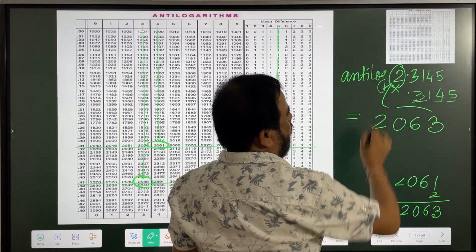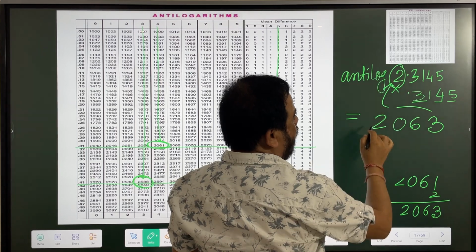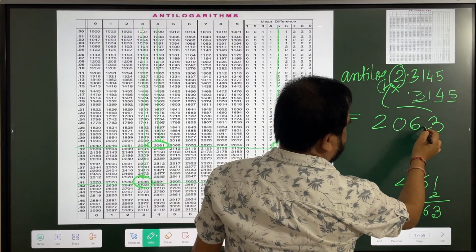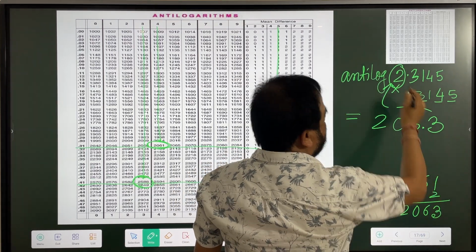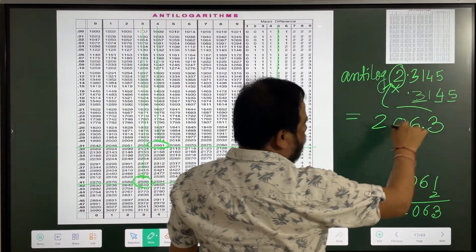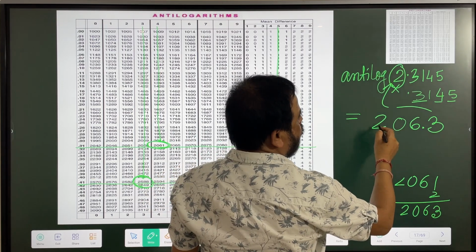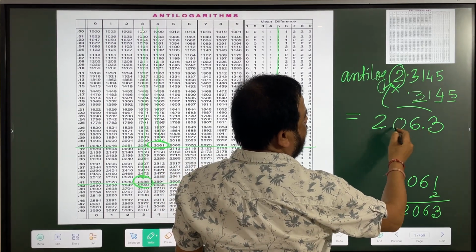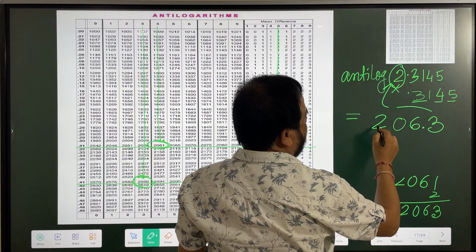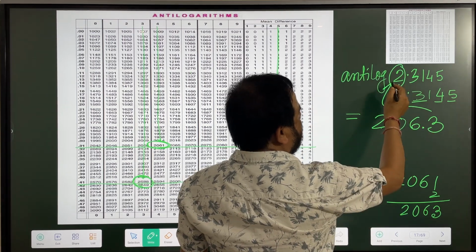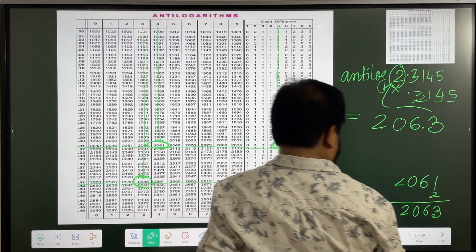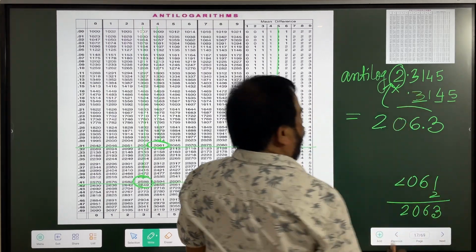If it is 2 positive, we count this side; if it is 2 minus, we count this other side. So 2063, 1, 2, 3, and after 3 digits the decimal. I will explain this one separately, then you will understand.